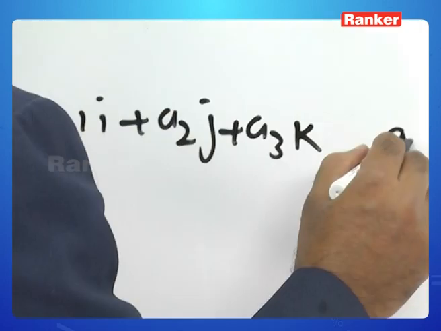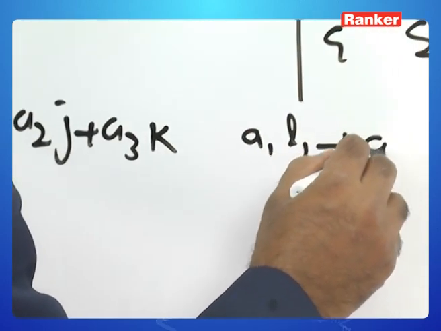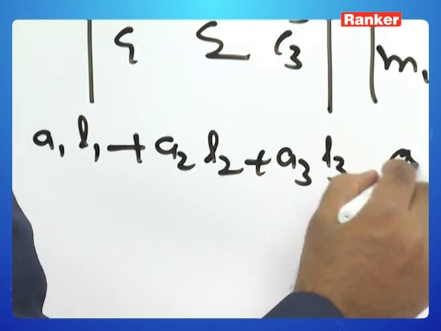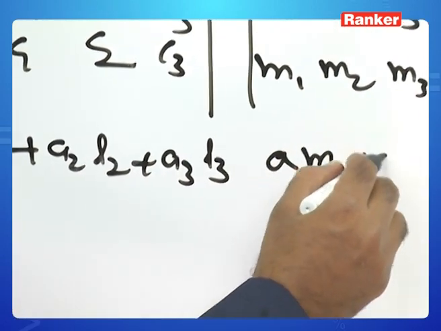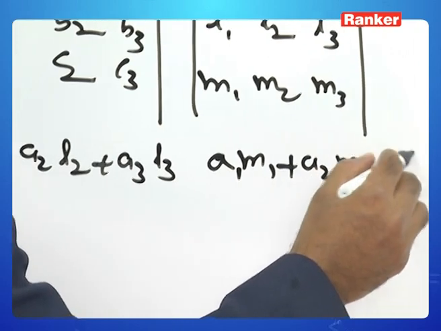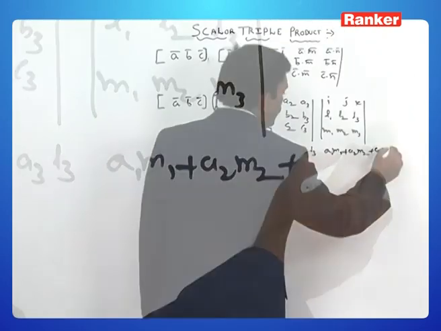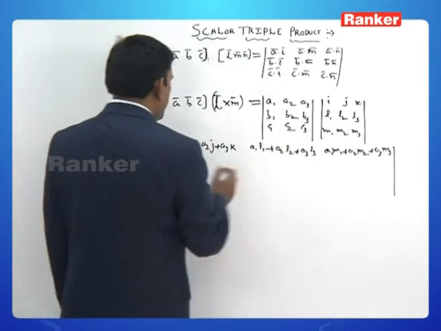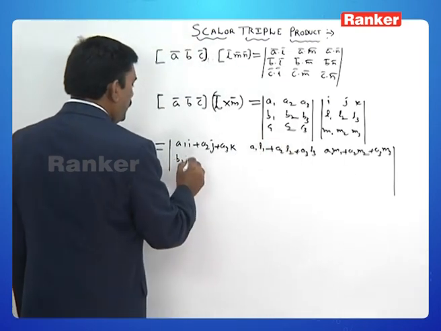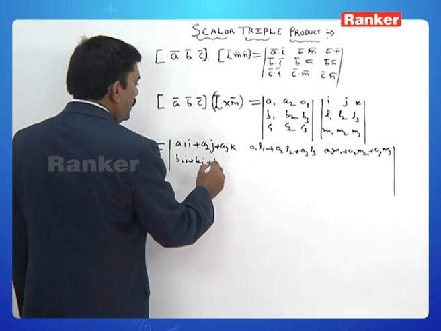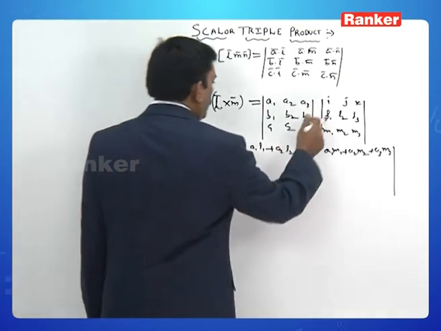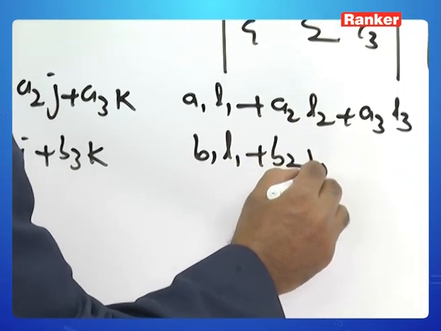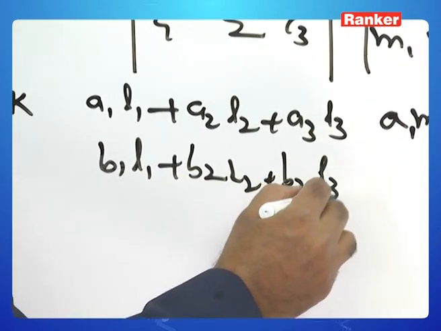Next, A1L1, A2L2, A3L3. Next, A1M1, A2M2, A3M3. Meanwhile, second row with first row, I can write B1 i, B2 j, B3 k. Second row with second row, B1L1, B2L2, B3L3.